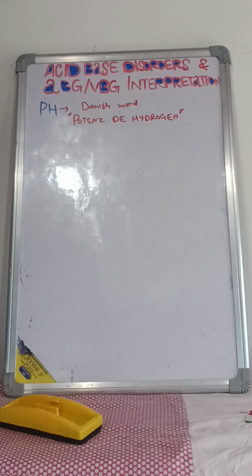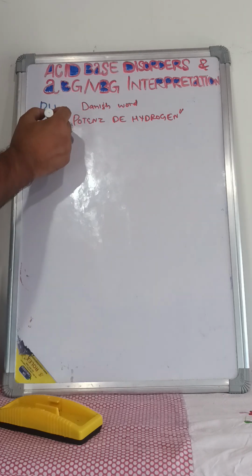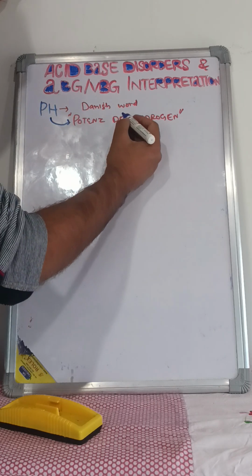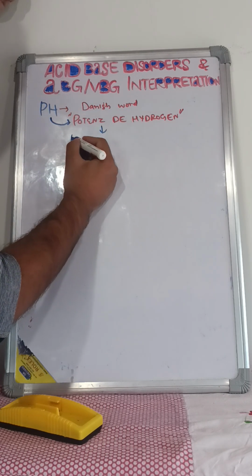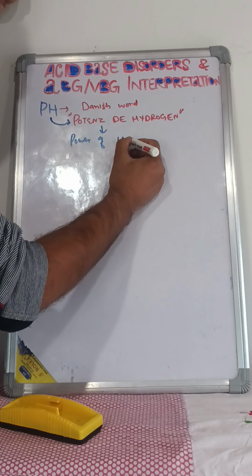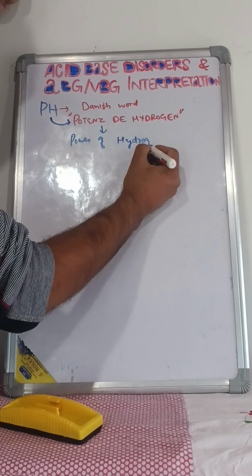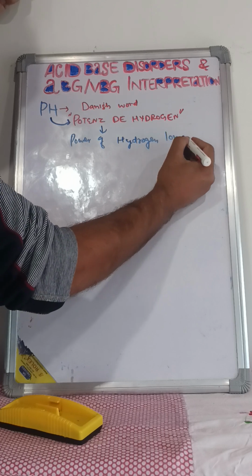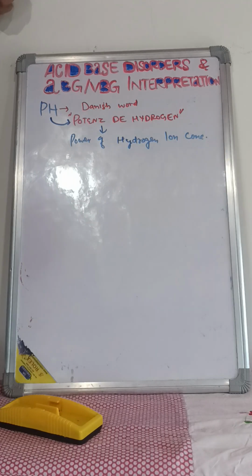The symbol pH has been derived from this potens dehydrogen, and it means the power of hydrogen ion concentration. Power of hydrogen ion concentration.